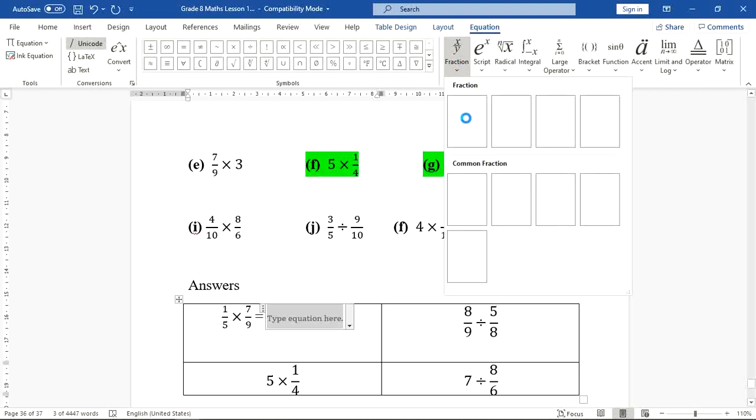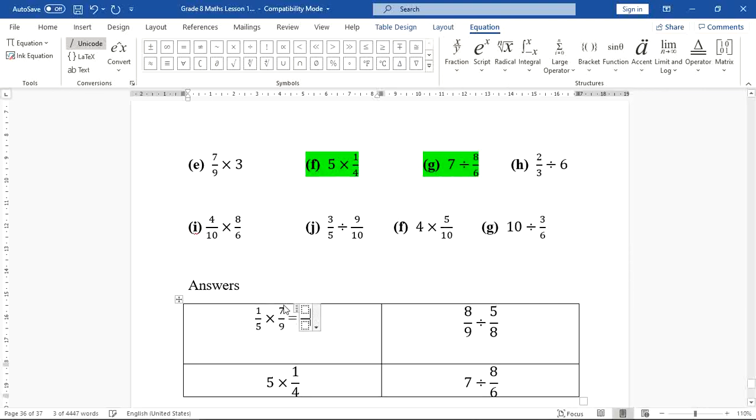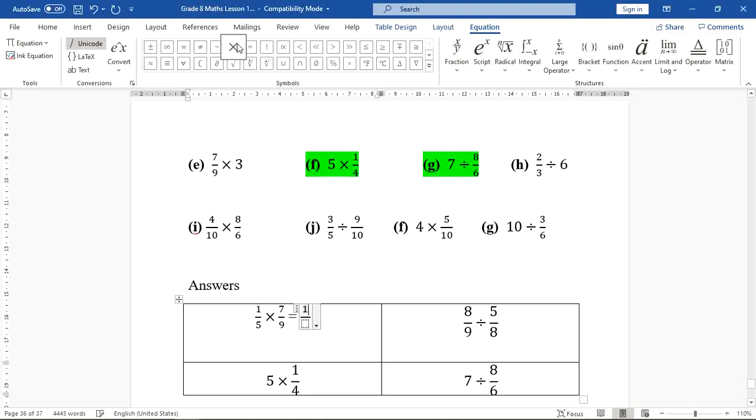Okay, come on. So we need a fraction, and then we say 1 times 7 over 5 times 9. Okay, so that's the first step.